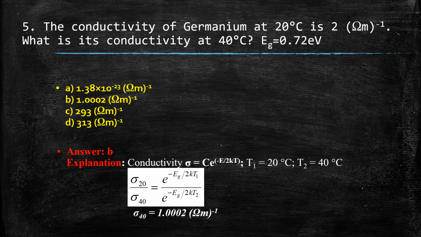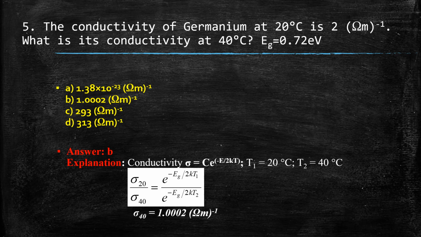The answer is B. We know the conductivity is given by sigma is equal to a constant times e power minus e divided by 2kT. Since we have two different conductivities, one at 20 degrees Celsius and the other at 40 degrees Celsius, we assume sigma 1 to be that at 20 degrees Celsius and sigma 2 to be at 40 degrees Celsius.